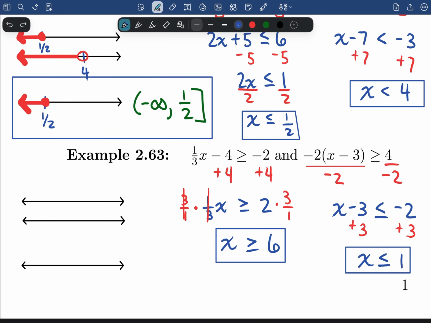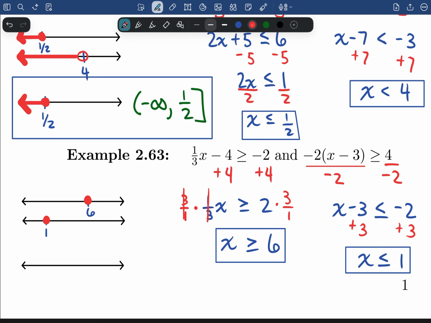I'll do x is greater than or equal to 6 on the top. So I go to the larger value of 6. And then on the bottom, I'm going to do x is less than or equal to 1. So I put the smaller value on the left. And now I have closed dots for both of them, right? Closed dots in both cases.